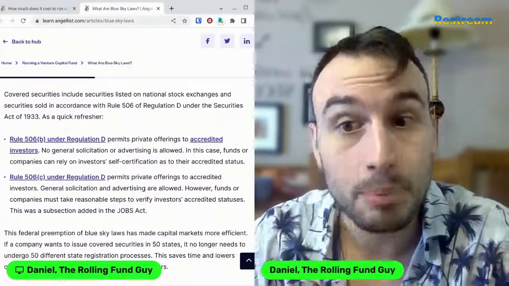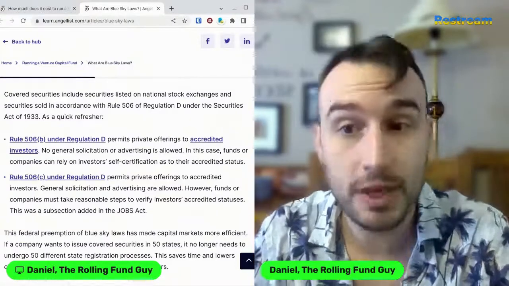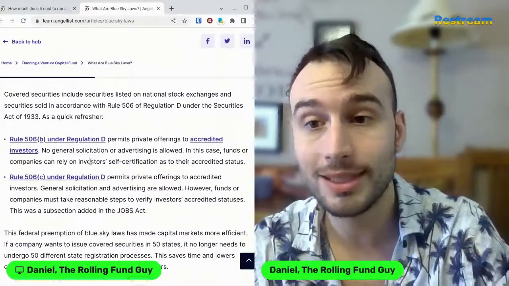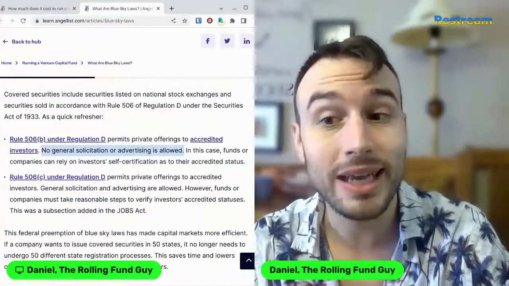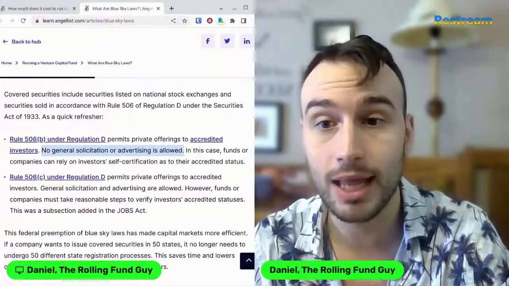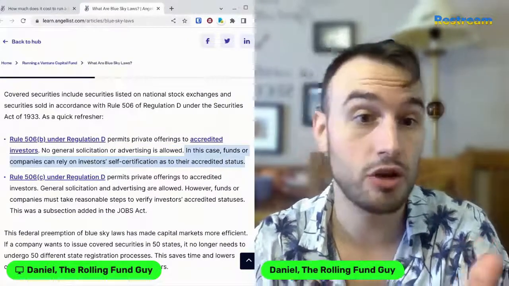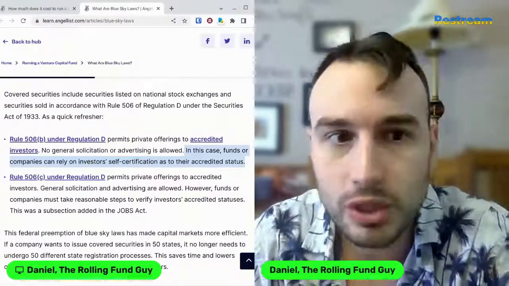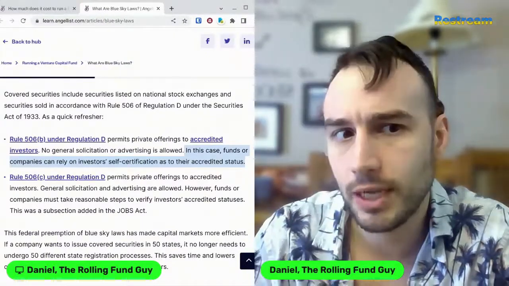Rule 506(b) under Reg D permits private offerings to accredited investors. No general solicitation or advertising is allowed. In this case, funds and companies can rely on investors' self-certification as to their accredited status. So on a 506(b) fund, you are not allowed to advertise this to the general public.